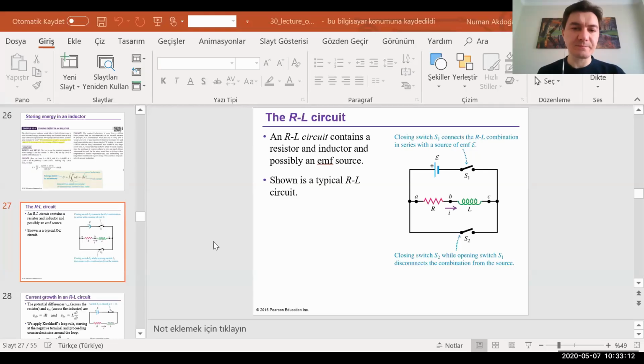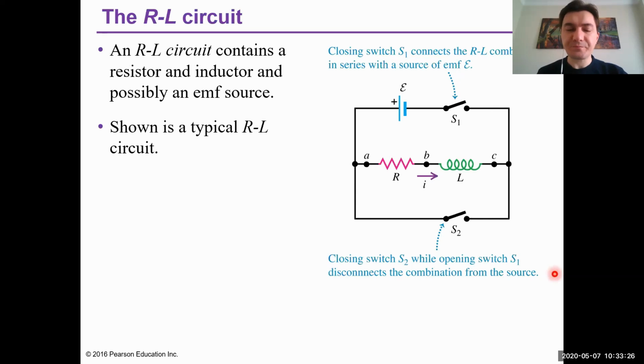Today, again, we will continue with inductance and circuits that contain inductors. During the last lecture, we have seen mutual inductance, and we have also seen self-inductance, an inductor or coil in a circuit.